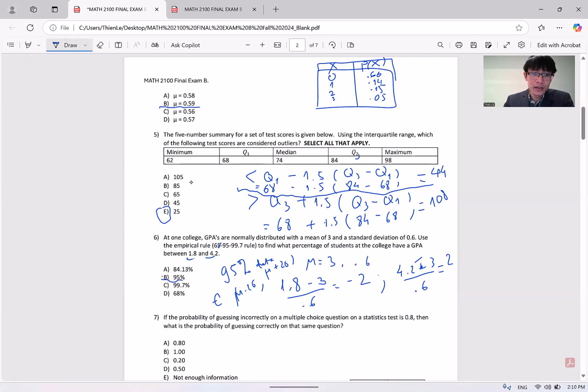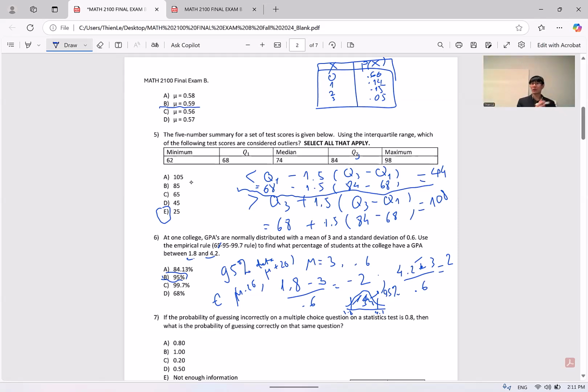So the answer should be 95%, right? You can also draw the normal distribution to see this, right? Here the mean is 3, 2 standard deviations below the mean is 1.8, and 2 standard deviations above the mean is 4.2. So here you have 95% of your data belonging to this range.